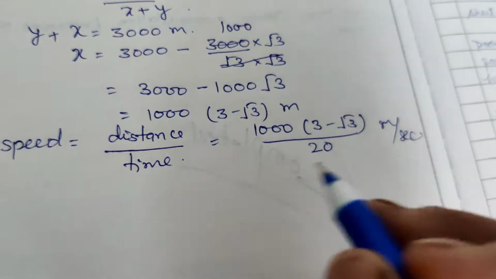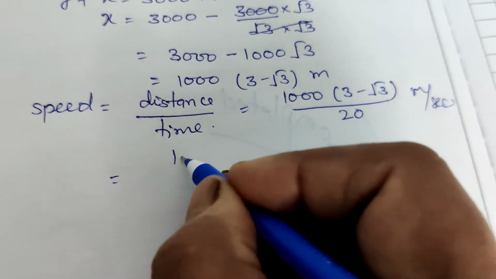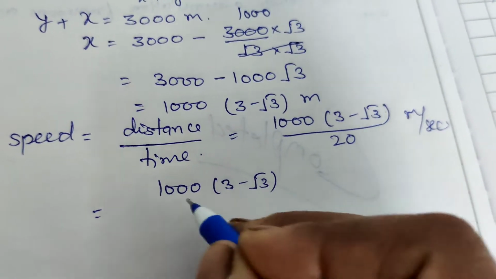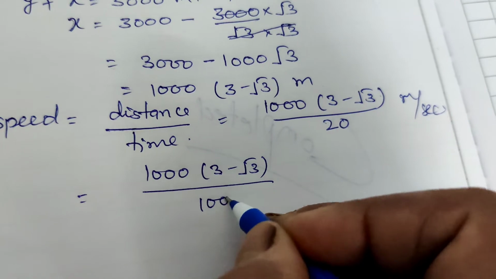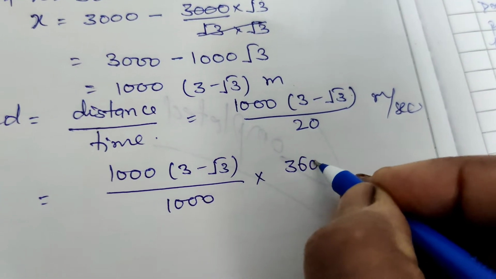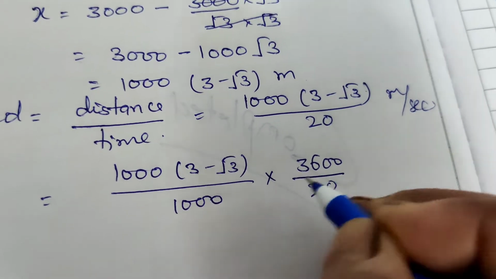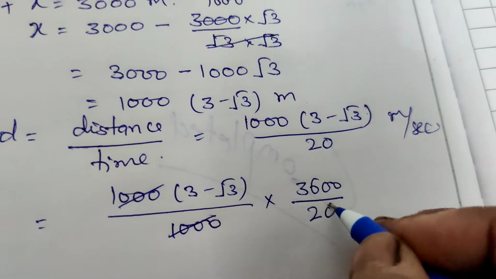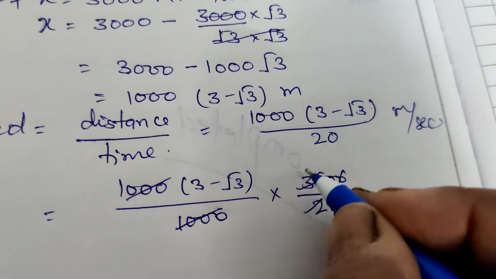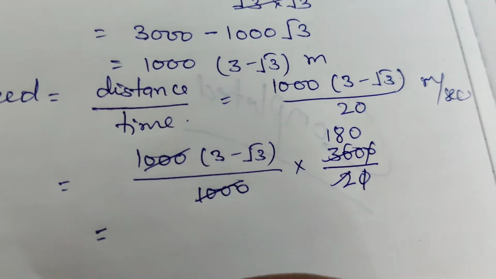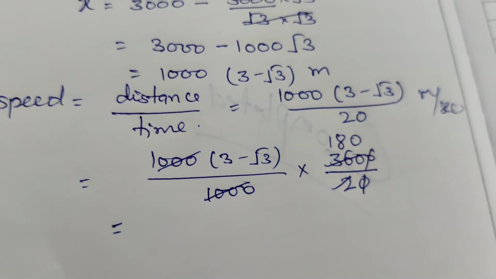Now convert to kilometers per hour. So 1000 times 3 minus root 3, divide by 1000 to convert to kilometers, and multiply by 3600, divided by 20. This can cancel. Now cancel, we get 180. Now put the value of root 3 as 1.73.